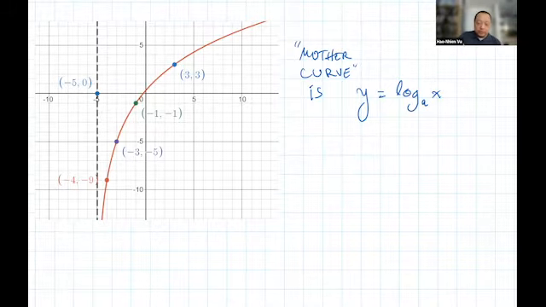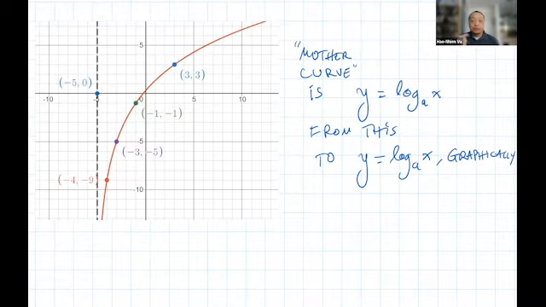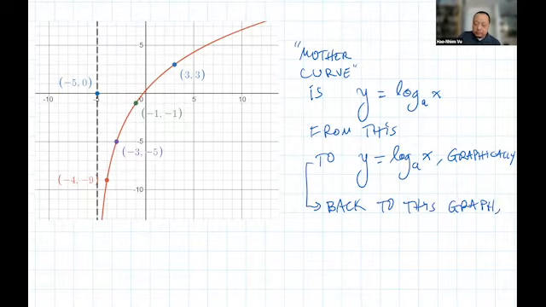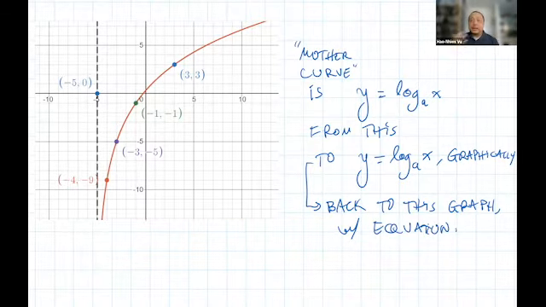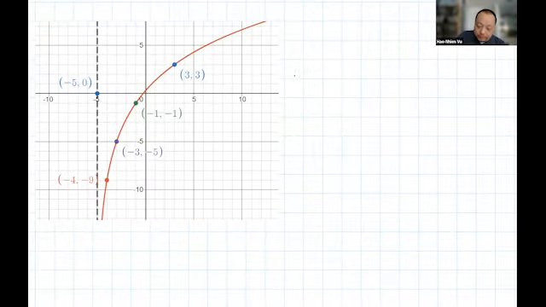Our approach is to go from this graph to the graph of y equals log base a of x graphically. And then from there, we go back to this graph with an equation. That's the approach.